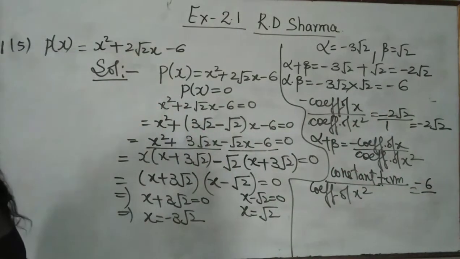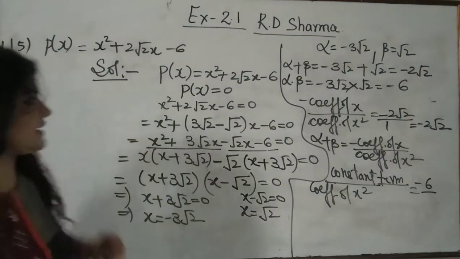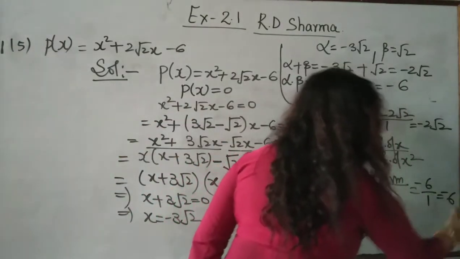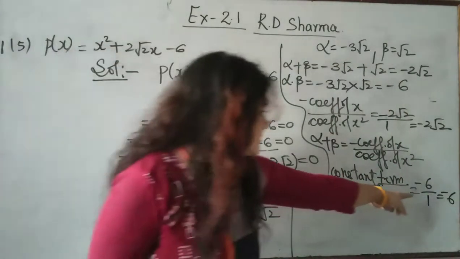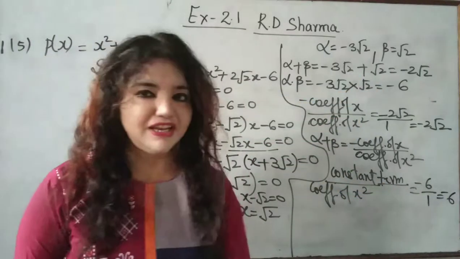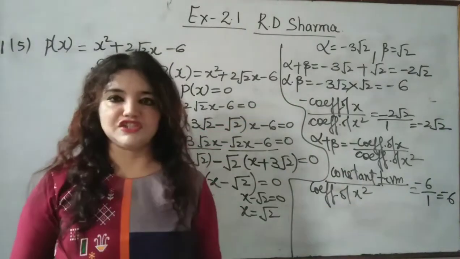And the coefficient of x square is 1. So minus 6 upon 1 is equal to minus 6. And alpha into beta was also minus 6. So we concluded alpha into beta is equal to constant term upon coefficient of x squared.